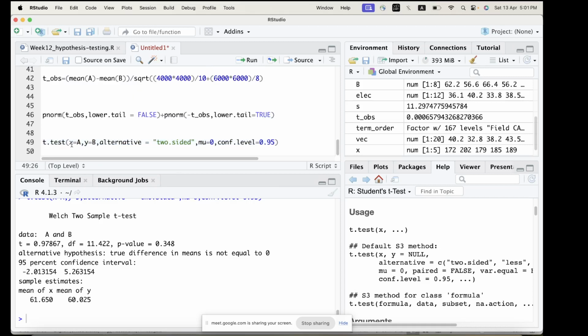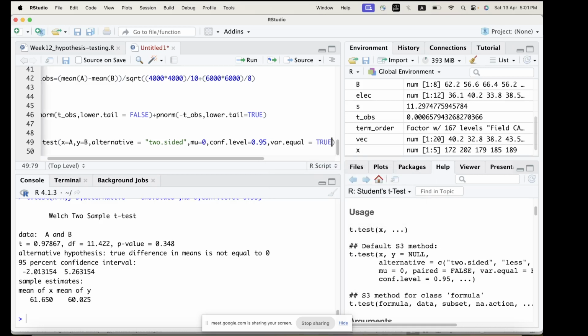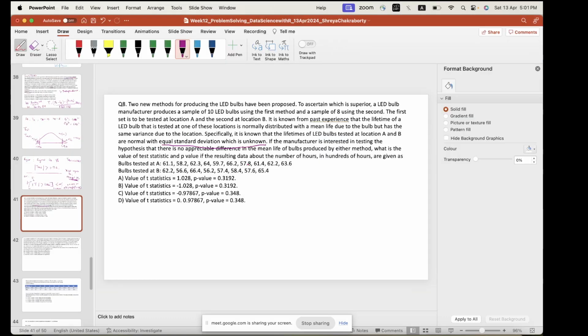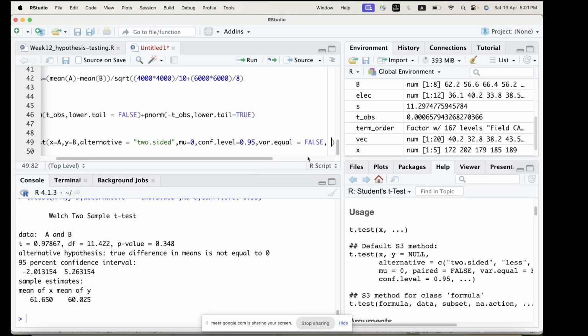So we were doing x equal to a, alternative is two-sided, mu equal to 0, confidence level equal to 0.95, var.equal, no, was false, and paired equal to false.